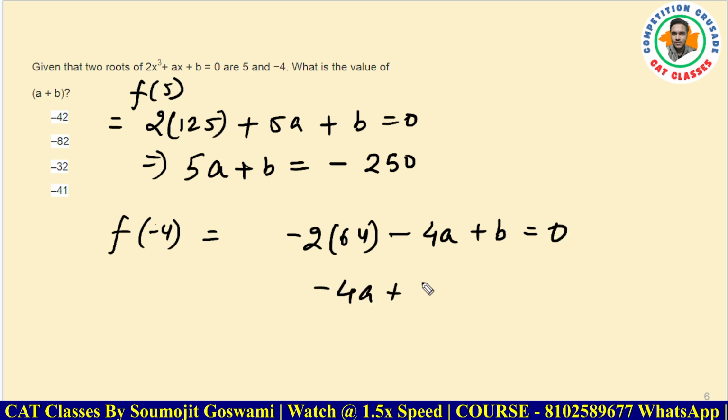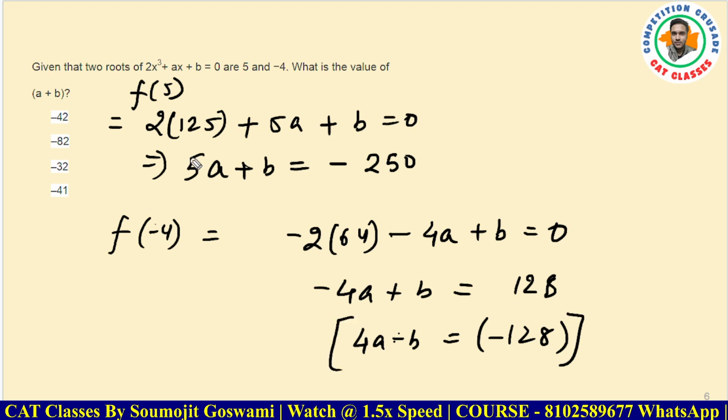Minus 4a plus b is equal to plus 128. So 4a minus b is minus 128. Why am I doing it 4a minus b? Because I already have a 5a plus b. So this can be said as equation 1, equation 2.